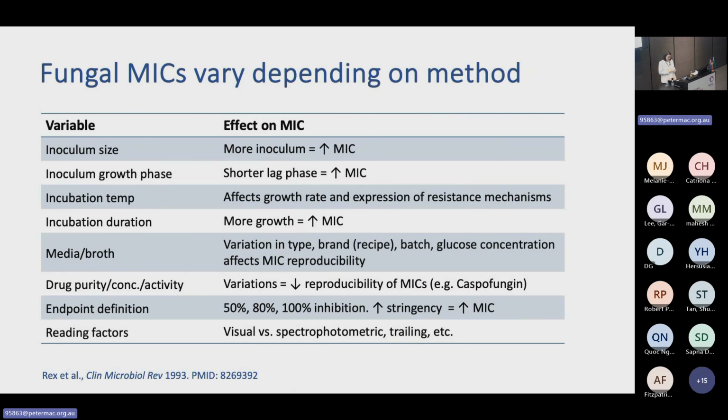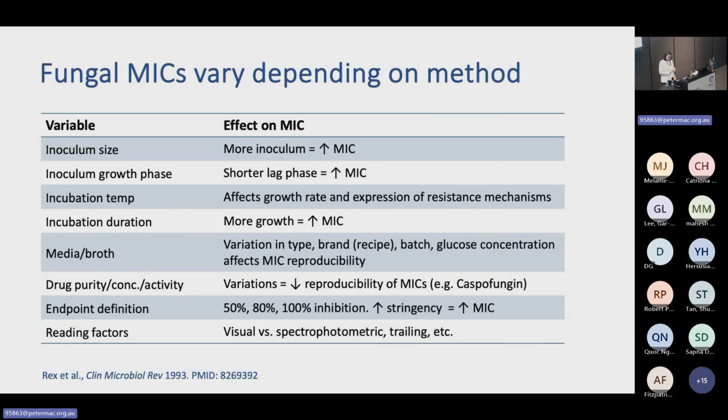Likewise, variation in the growth phase or the growth rate of the fungus will affect it. The incubation temperature that we use and the duration of incubation will affect the MIC. The media that we use, or the broth, including the type or the brand, can affect the MIC, and particularly as relates to the glucose concentration.